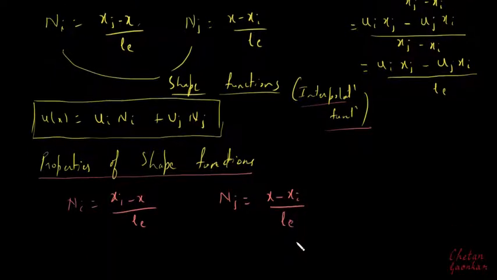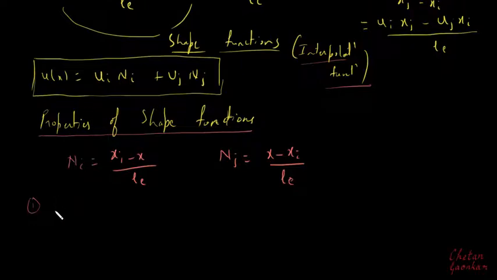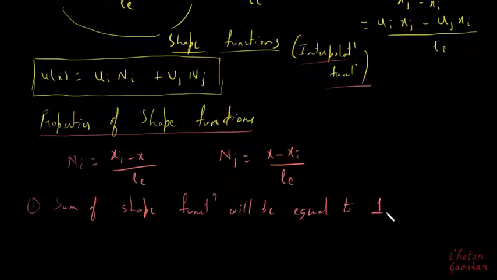Now the first property of the shape function is that the sum of the shape functions will always be equal to 1, or unity, and that you can check here.